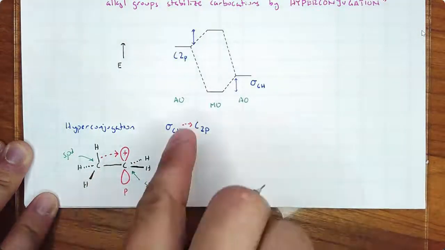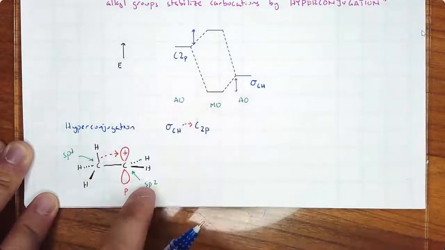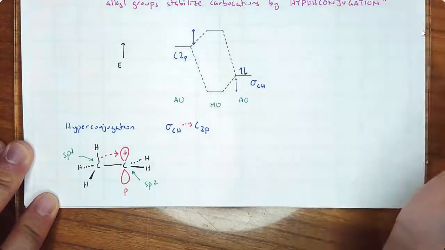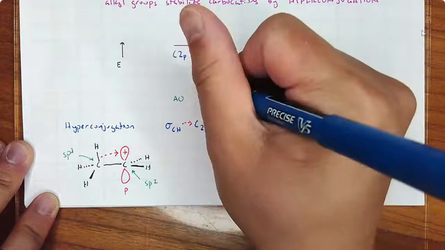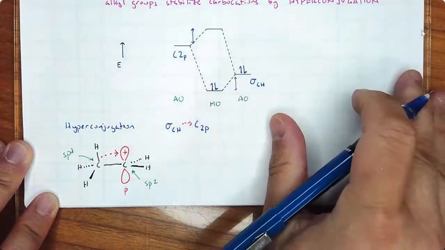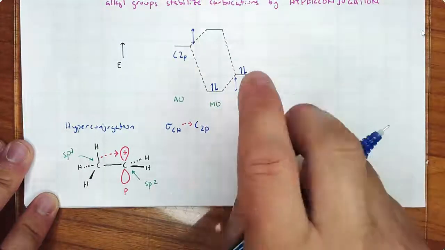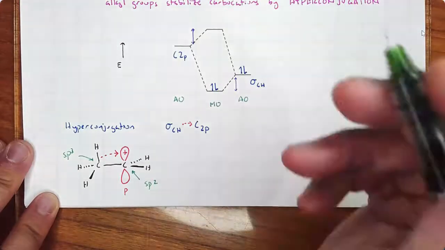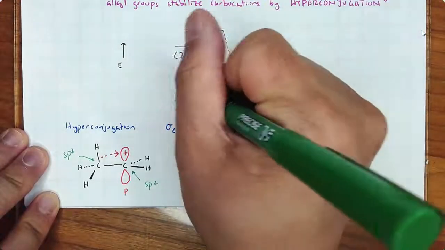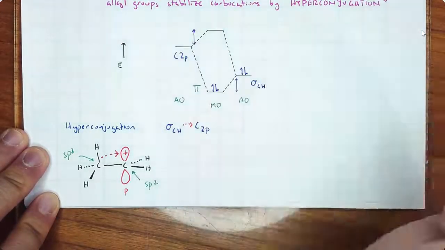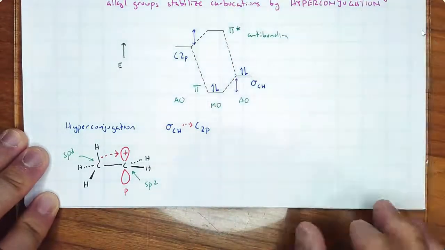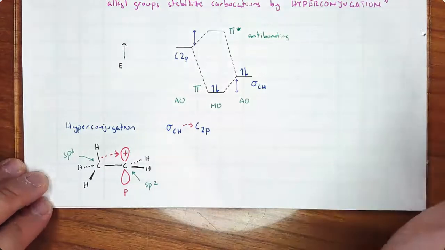This one's empty, and the sigma has 2 electrons, and we'll draw them like that. Then you populate your MOs, and you notice that yes, we get both electrons in a bonding MO. We will call this the pi bonding MO, and simply call it pi. And this is the pi star anti-bonding. So this is a decent foundation.